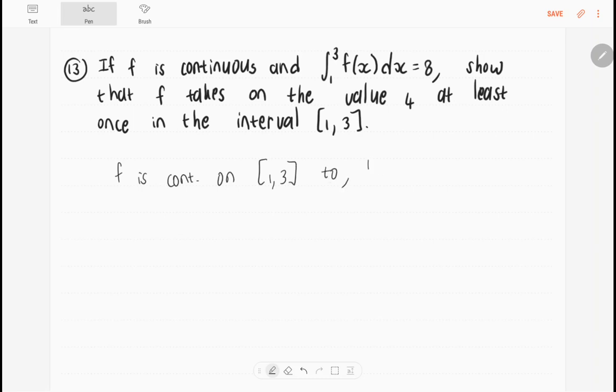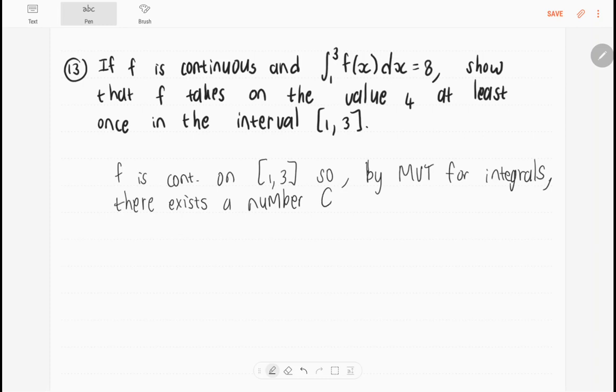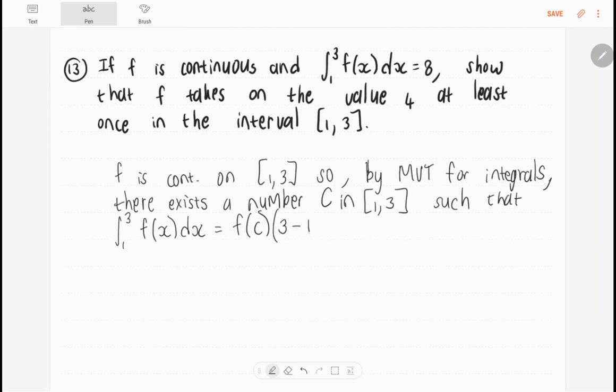So by the mean value theorem for integrals, there exists a number c in the interval from 1 to 3 such that the integral from 1 to 3 of f of x dx equals f of c multiplied by the closing bound minus the starting bound.